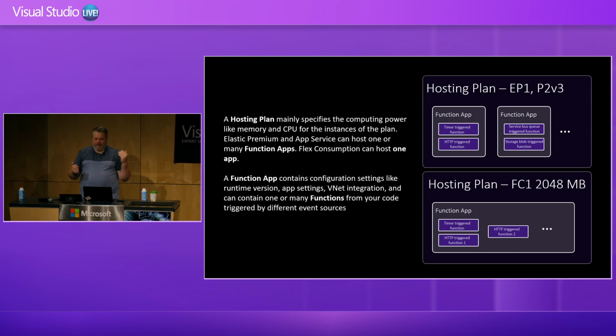In the Elastic Premium and app service plans, you can put multiple function apps inside of that plan. So they are sharing that whole virtual machine behind that instance and running inside the same context. But flex consumption, given that it's the serverless scalable solution, we want you to forget about a hosting plan.